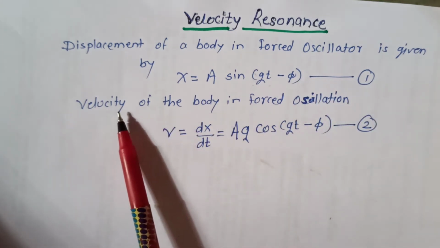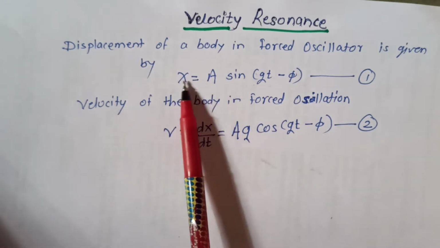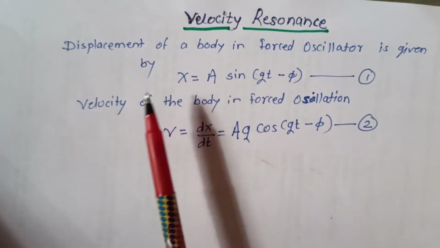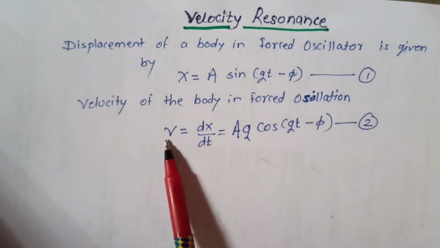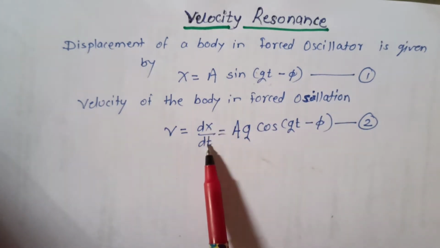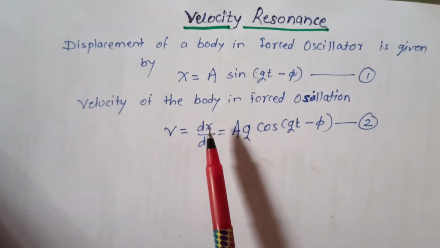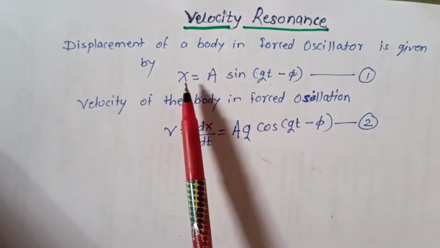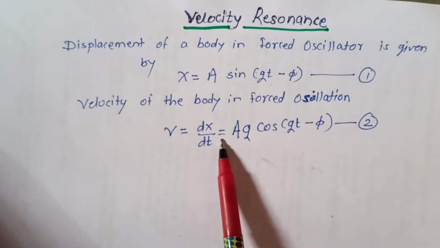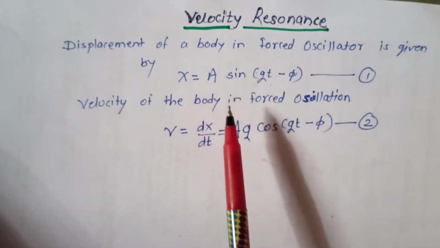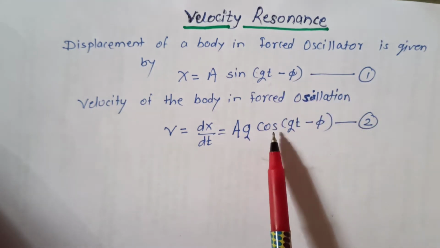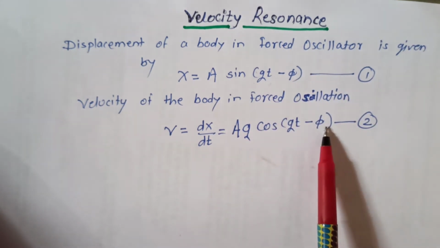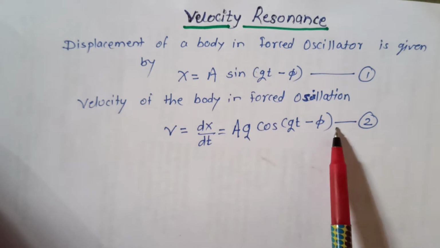Velocity is the derivative of displacement with respect to time. Velocity of the body in forced oscillation, v is equal to dx by dt. The derivative of displacement with respect to time is equal to a times the derivative of sin(qt minus phi), that is cos(qt minus phi) into q, equation number 2.